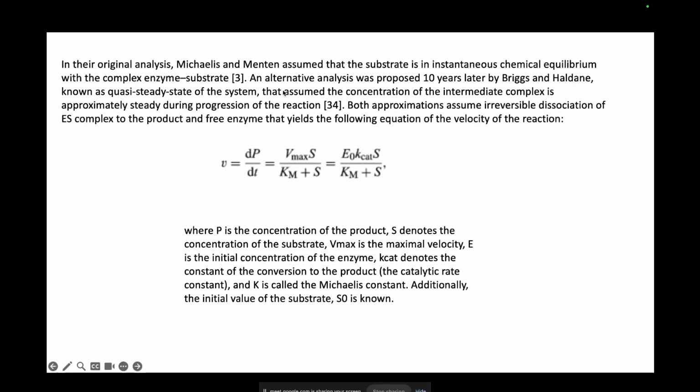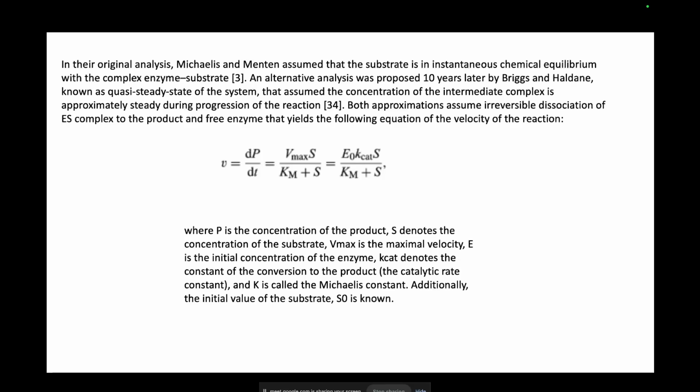Right. So in their original analysis, Michaelis and Menten assumed that the substrate is in an instantaneous chemical equilibrium. Again, equilibrium is the steady state where there is no change of substrate or enzyme or product concentration.